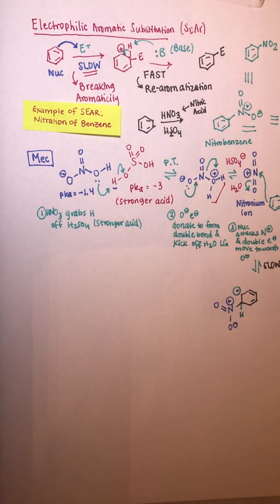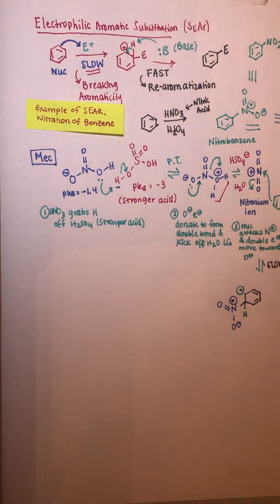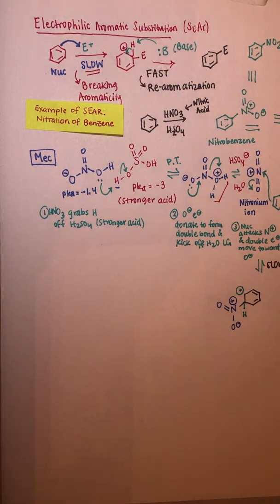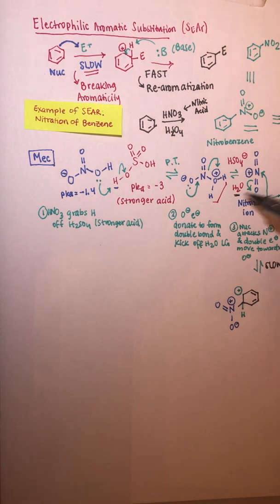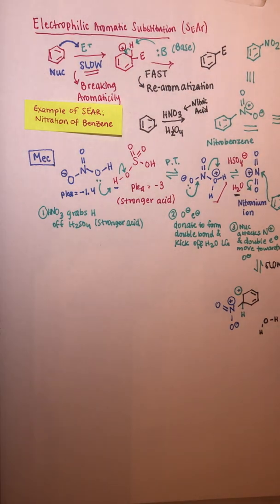So now for the next step, we need some type of base to come in and abstract this proton for us. What could it possibly be? Does anyone have any idea? Yeah, well, we've got water floating around, right? So you can use water for that too. You could also use H2SO4, right? Or HSO4 minus, excuse me.